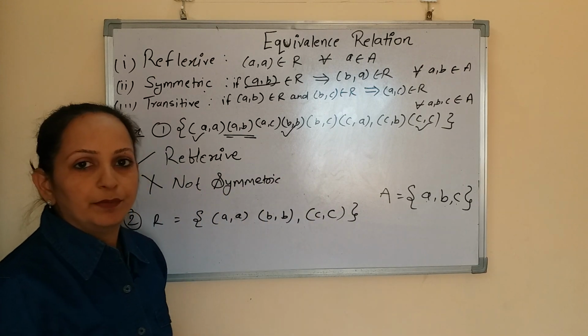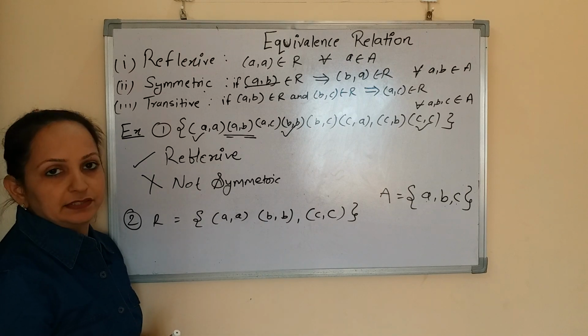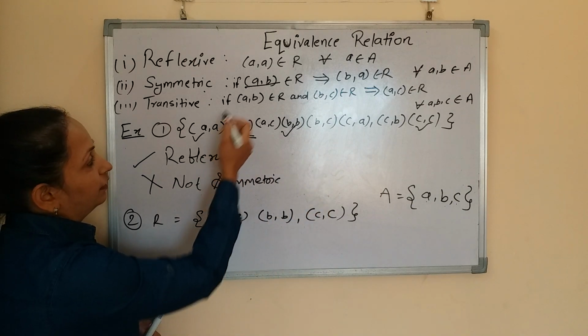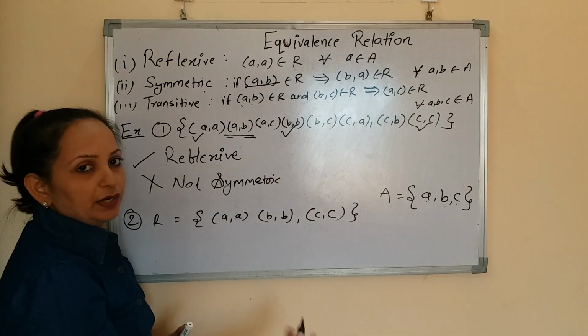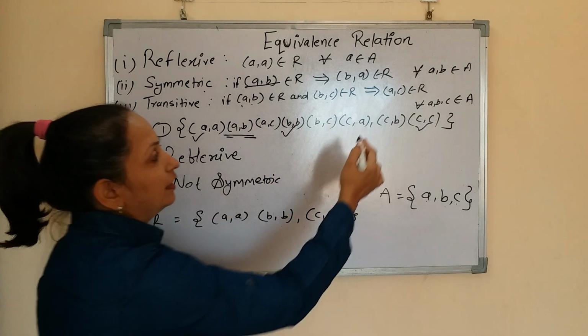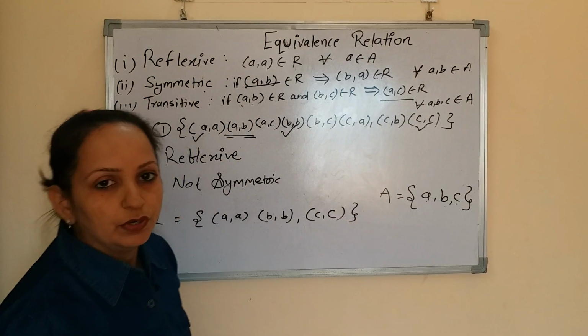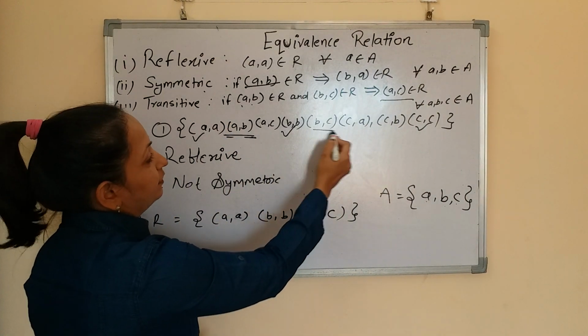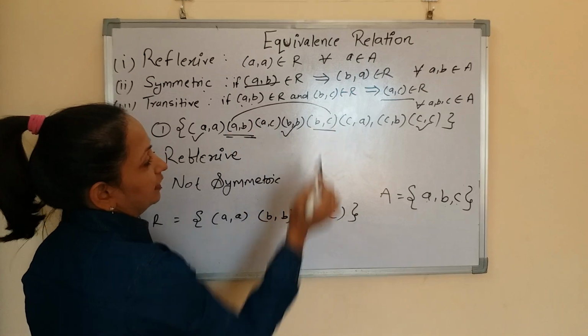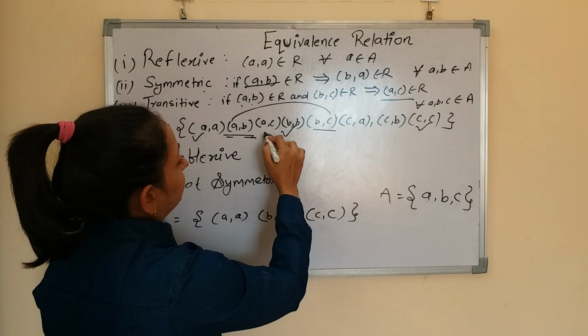For the sake of completion, let's check if it is transitive or not. If we check the condition of transitive, that is (a, b) belongs to R and (b, c) belongs to R, then (a, c) must belong to R. So here I got (a, b) and (b, c), then we have to check (a, c), and (a, c) is here.